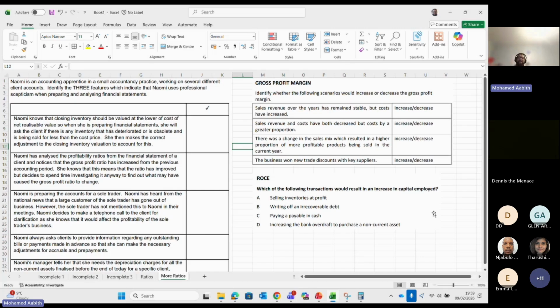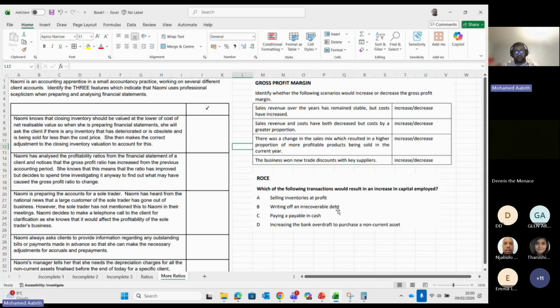If I sell my inventories at a profit, what will happen to my overall gross profit? My gross profit is going to increase. My net profit is going to increase. If my net profit is going to increase, whatever the denominator I have underneath, it does not matter. The ratio is going to go up. If I result in more profit, that is going to result in more return on my capital. So therefore, A is definitely going to be fine.